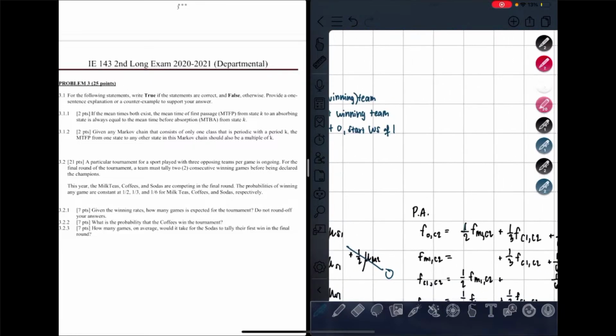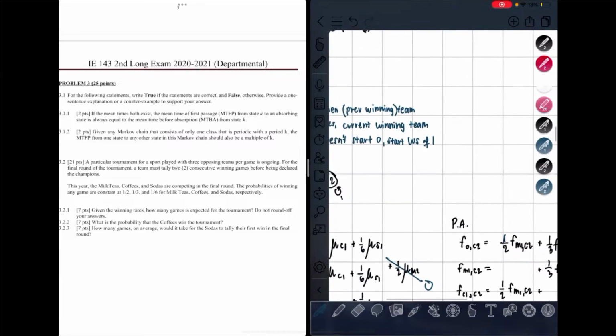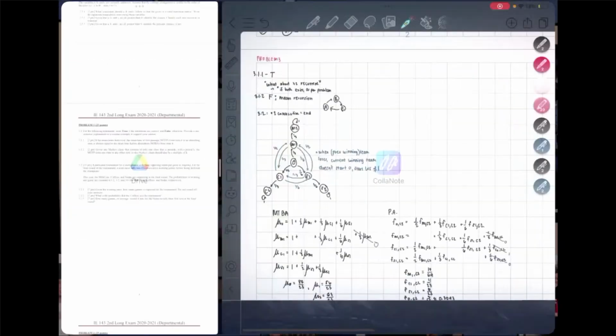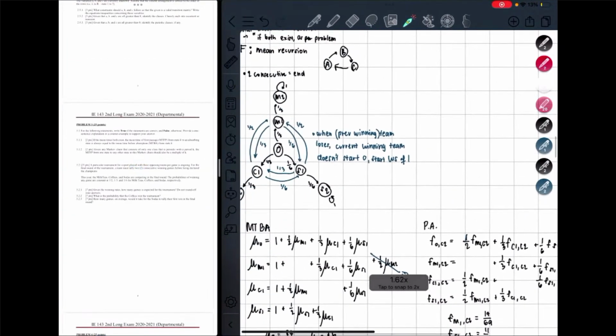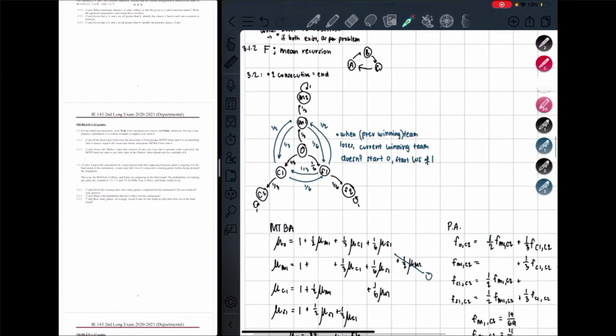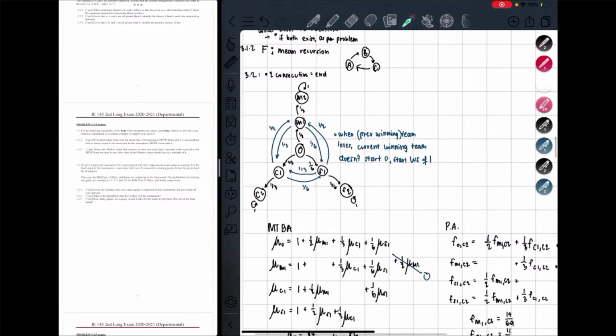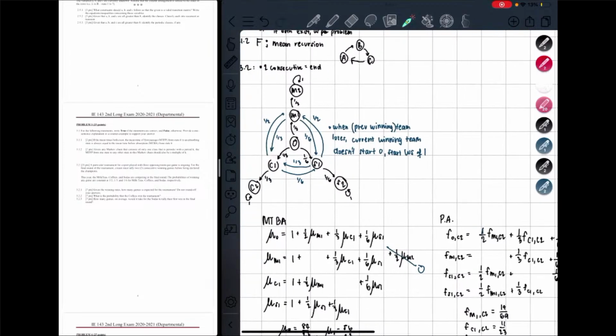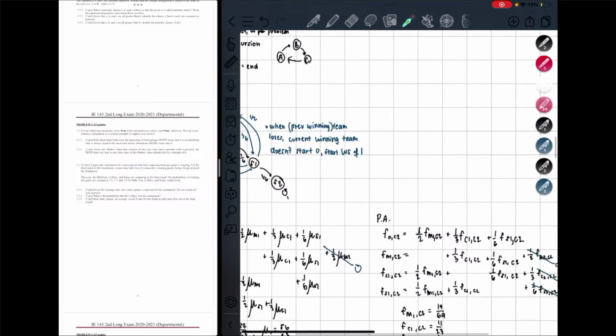So ito 1/2 F M1 to C2 because you have 1/2 probability to go from 0 to M1 and then M1 to C2, which is technically accessible, right? If you go from here to here to here. So that's non-zero. 1/3 C1 to C2. So ito lang yan. 1/3 to C1 and then F C1 to C2.